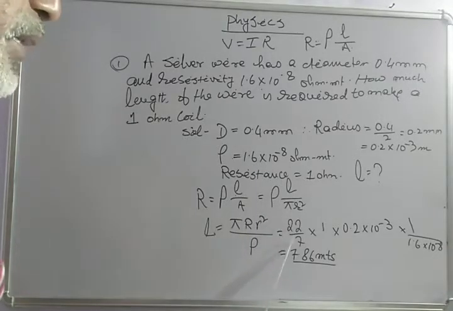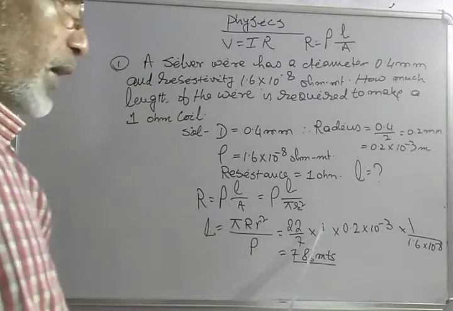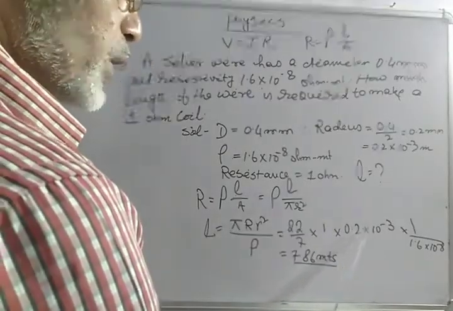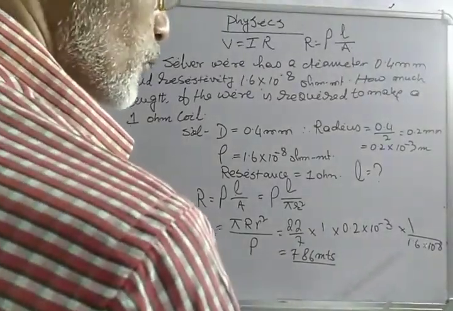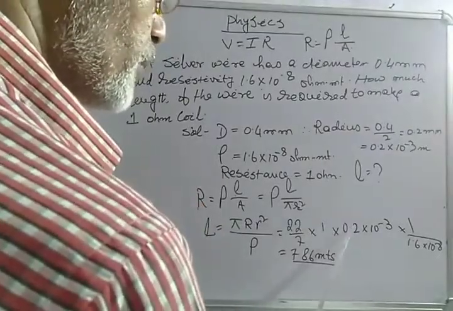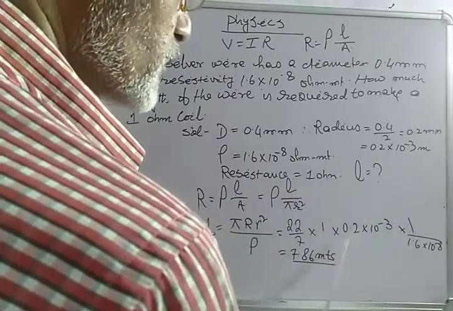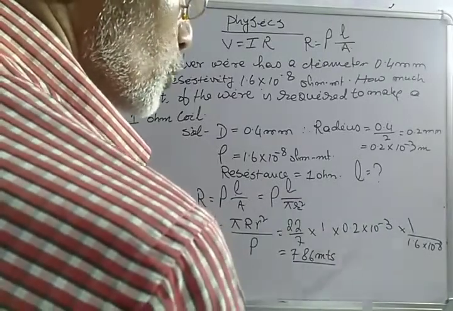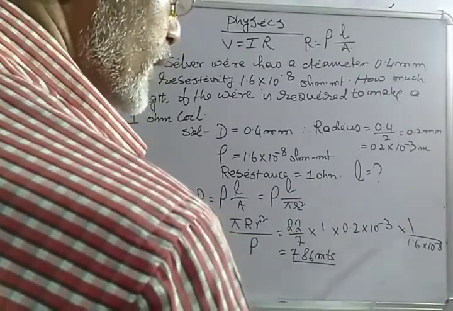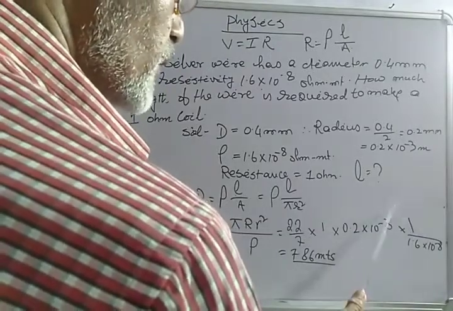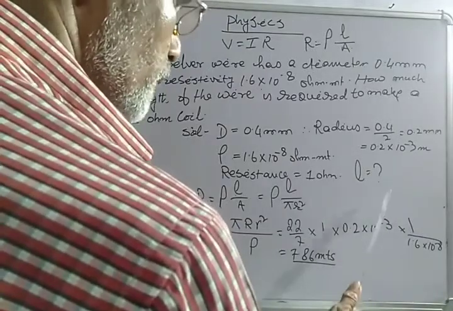That means 22/7 into 1, that is 1 ohm, and this 0.2 into 10 to the power minus 3 into 1.6. Here the point will be cut off, so this is becoming 2 and this is becoming 16, because these two are like fractions. 2 cut off 16 gives 8, and 10 to the power minus 8 will come here, so this will become 10 to the power 5.